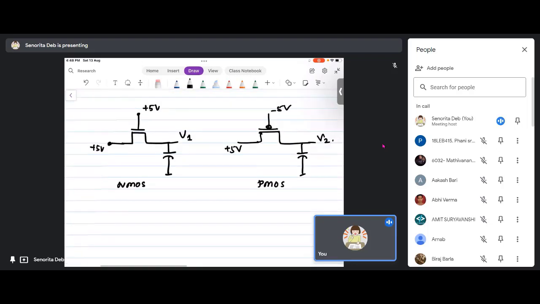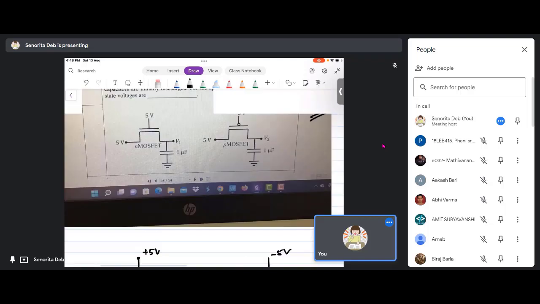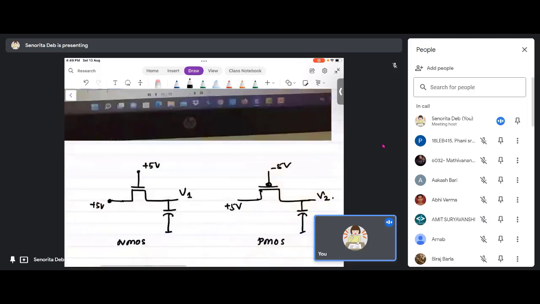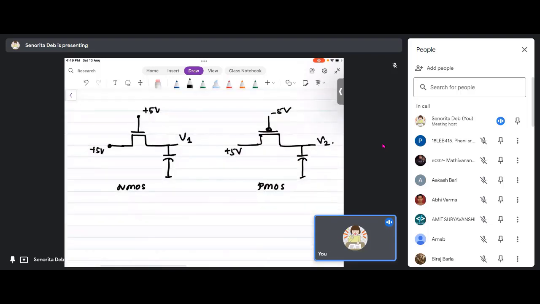Now tell me, here they have given that the threshold voltages are 1 volt and minus 1 volt, right? And there is absolutely no other information given here. So how will you identify the VGS of the transistor? VTH is given, or VTN as it is written in some of the books. VTN is 1 volt, and mod VTP is 1 volt.